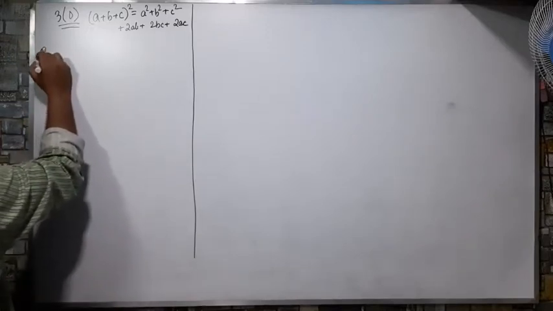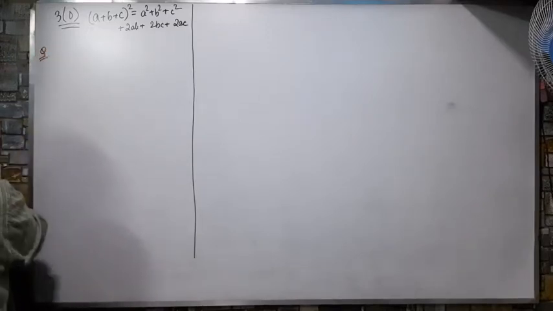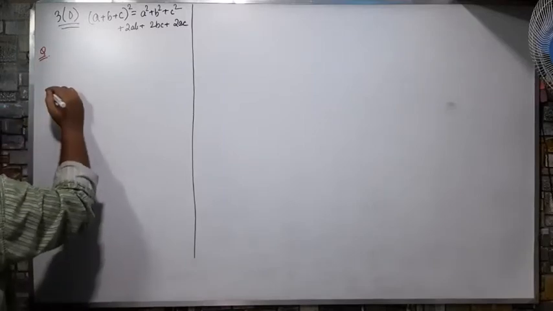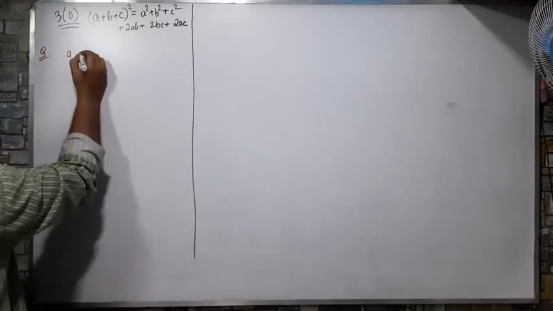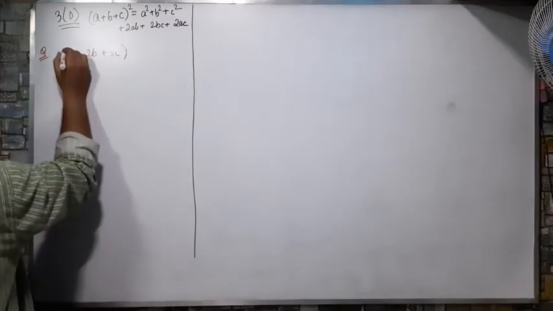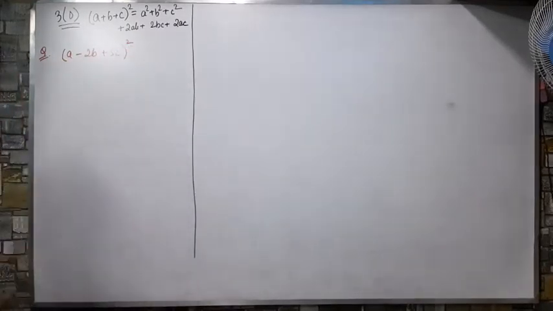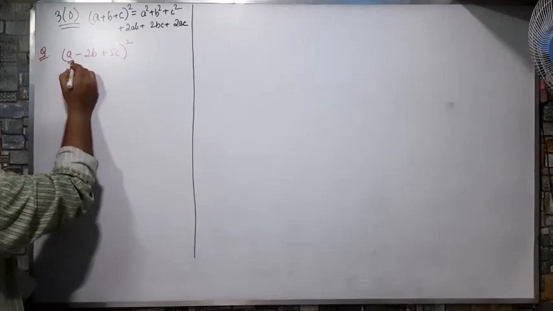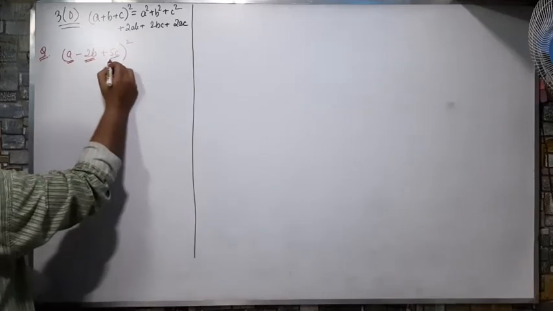So the first question on this type of chapter. Suppose you have to expand a minus 2b plus 5c. How are we going to do that? This is the a term, this is the b term and this is the c term.